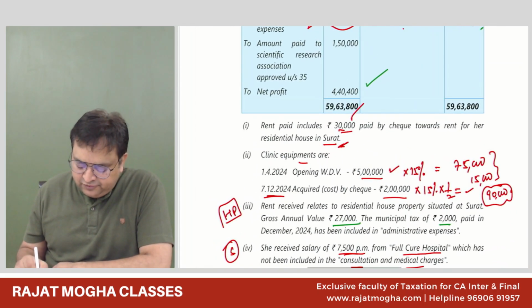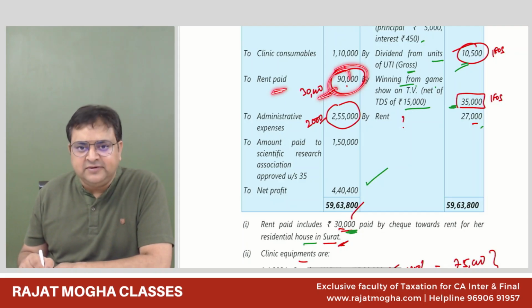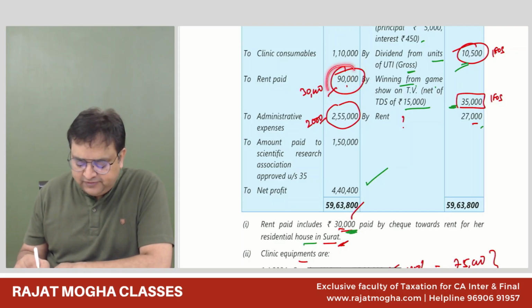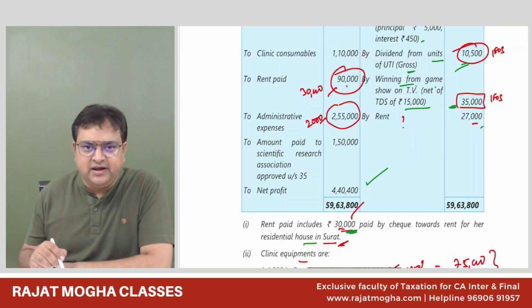So rent paid includes 30,000 rupees, which is for a residential house. Now we understood that out of this 90, this rent paid, 30,000 is a personal expense. So we'll disallow that. So out of 90, we are not okay with 90. We are okay with 60, but we are not okay with 30. So 30,000 is creating a problem.